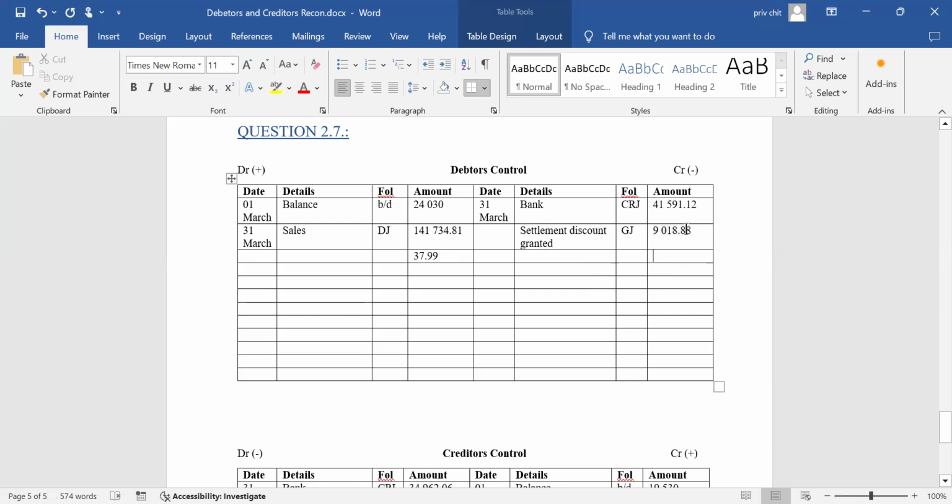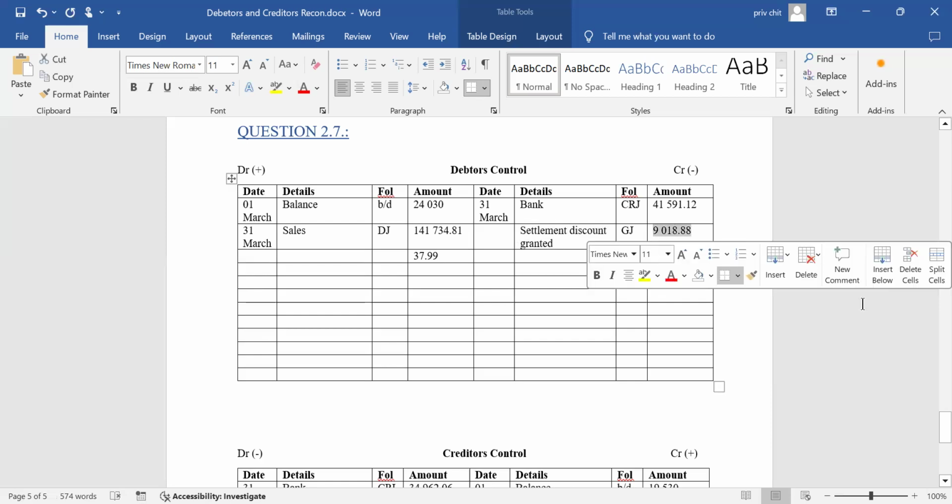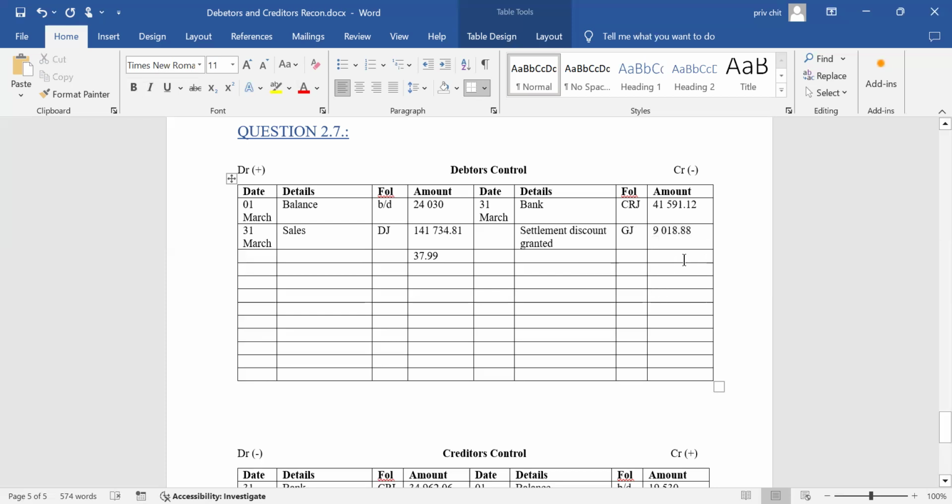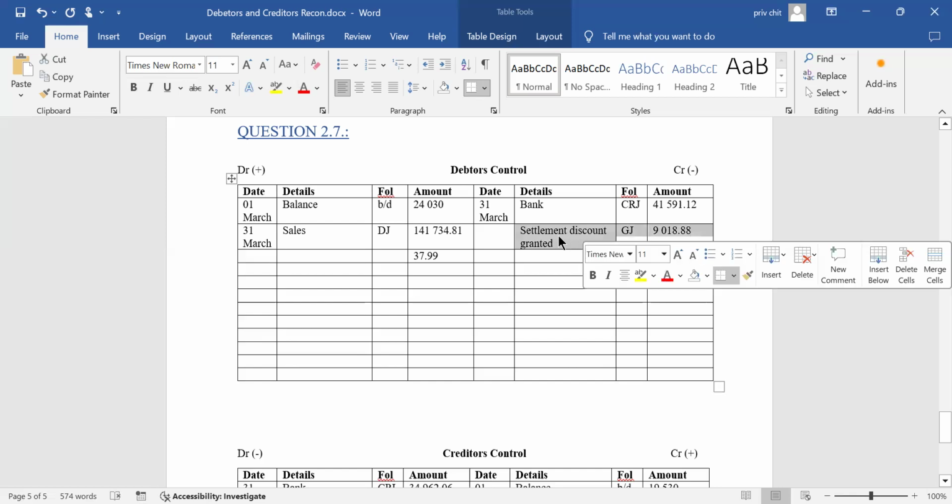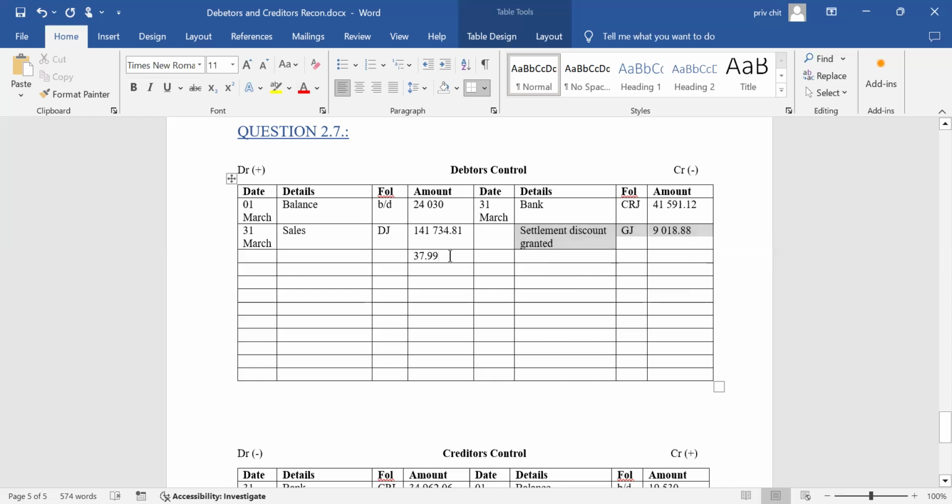We can't show the reduction by putting it on the same side where the amount is already credited. Otherwise, if we were to put the 37 rands here, it would be like we're increasing the amount of settlement discount we are offering to the client. Because in this case they're canceling a portion of the discount they'd given to the client by 37 rands, it simply means we have to reverse it back. And then in this case, it becomes part of your sales.